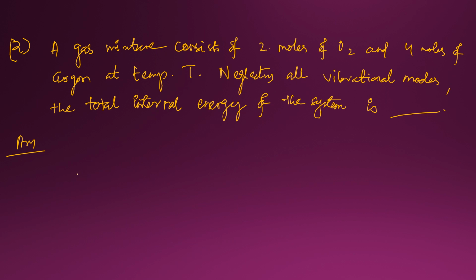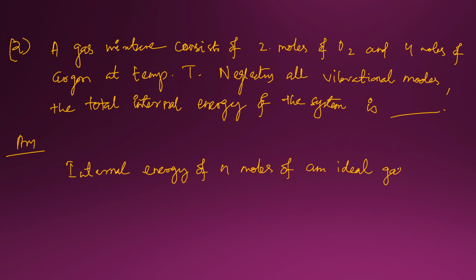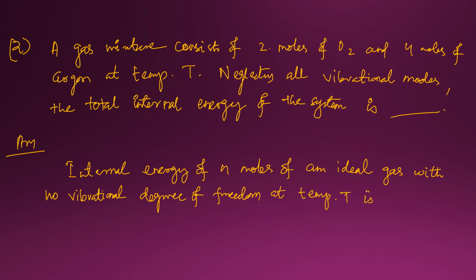So, we know the internal energy of n moles of an ideal gas with no vibrational degree of freedom at temperature T is U equals n F by 2 RT, right? n is the number of moles of the ideal gas, and F is the degree of freedom.